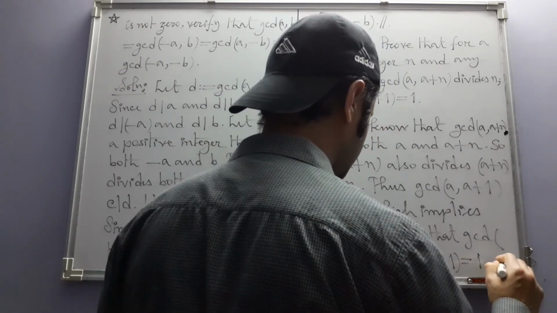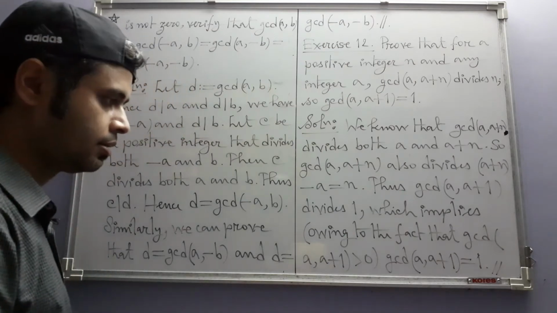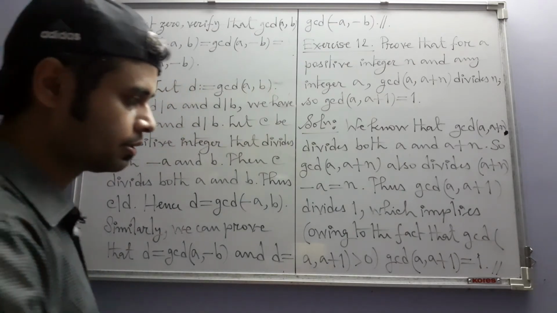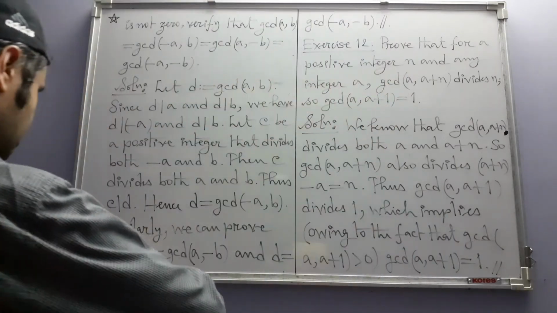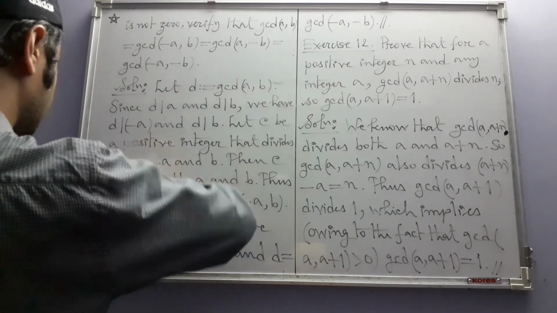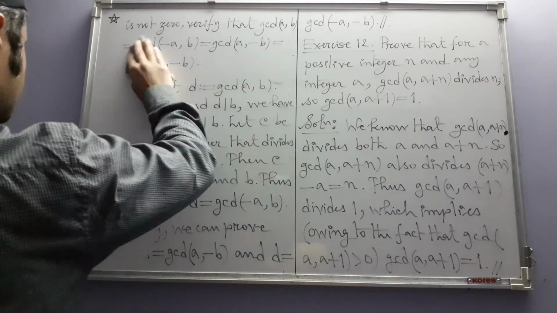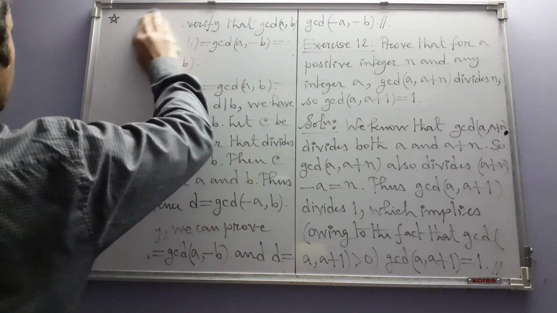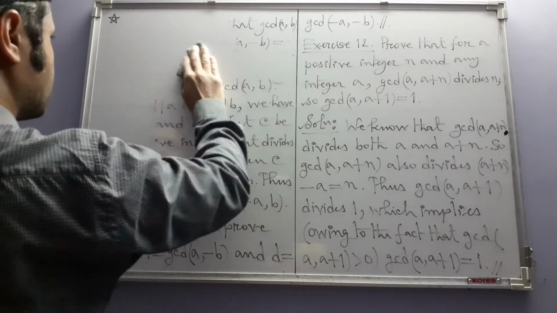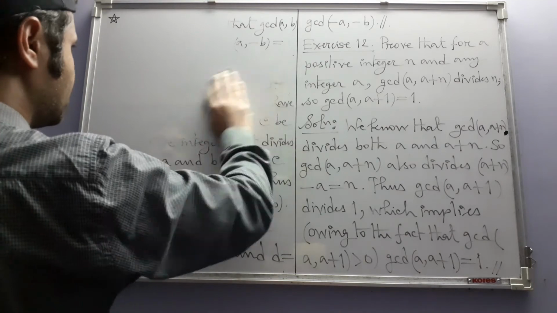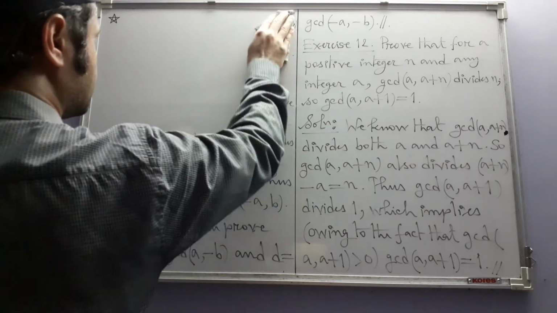So the greatest common divisor of any integer and the next one is always 1. They are always relatively prime. They won't have common prime divisors.